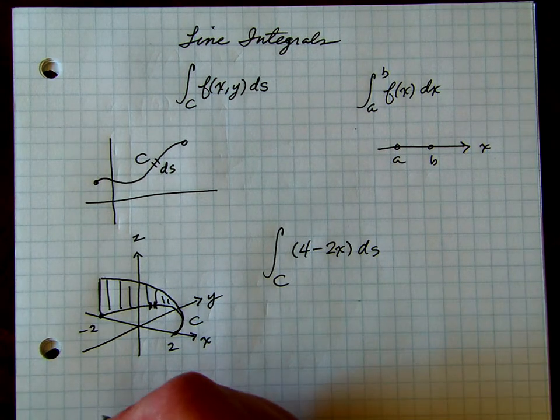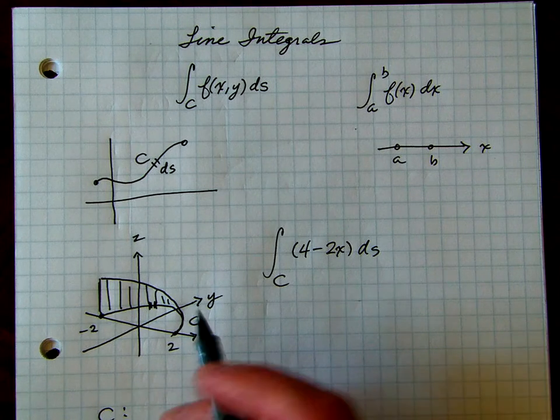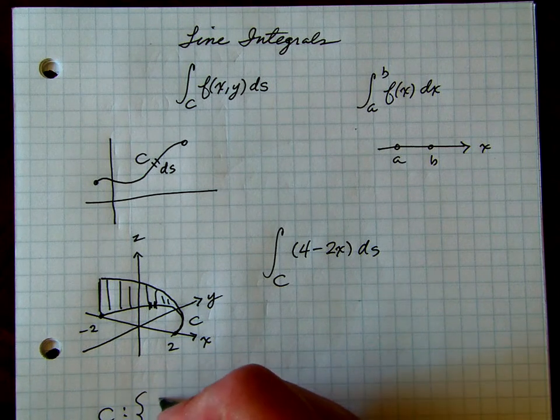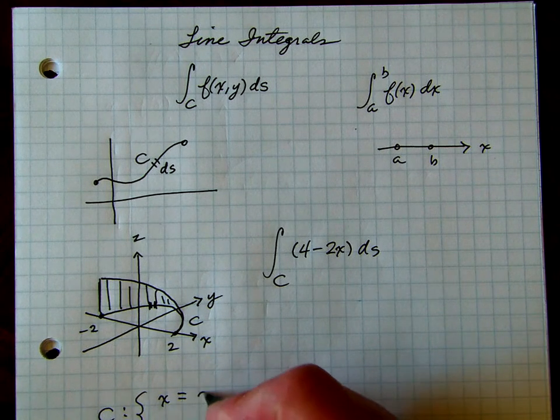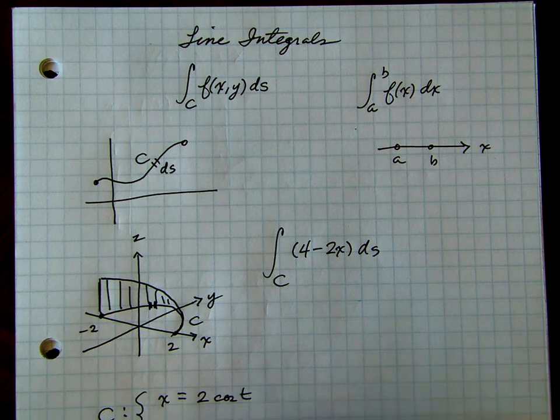Well, the easy part, at least I hope it's fairly easy, is that you know that x equals 2 cosine t and y equals 2 sine t will give us a nice parameterization of that semicircle, provided, of course, that t goes from 0 to pi. All right?